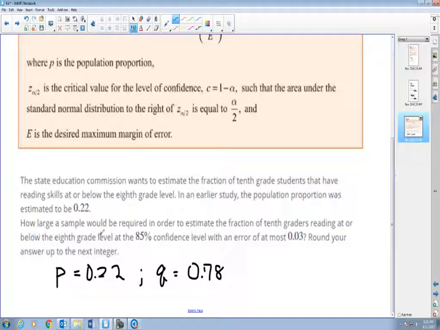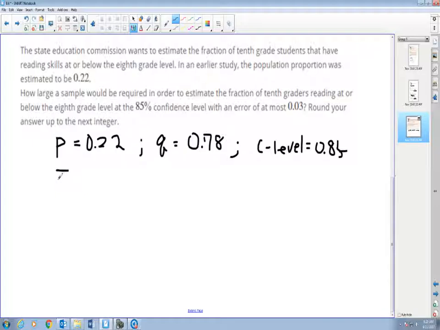How large a sample will be required in order to estimate the fraction of 10th grade students reading at or below that level at a confidence level of 85%? So my C level is 0.85, and we want to control our margin of error at most 0.03.